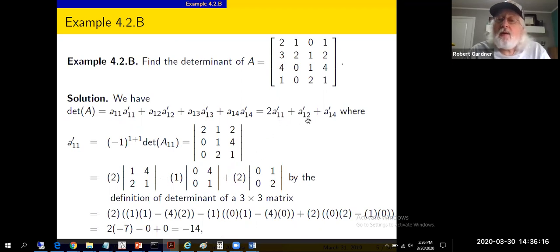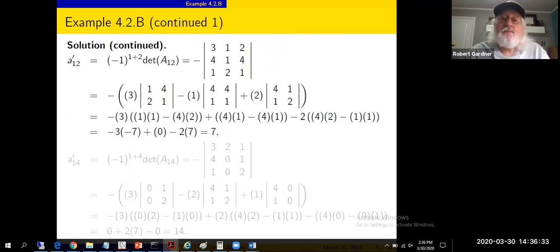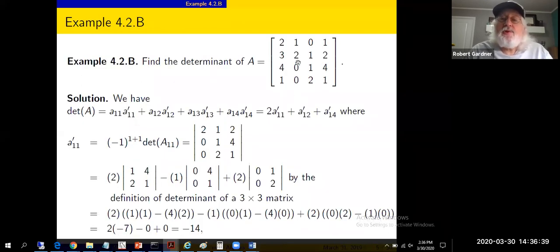Okay, let's do A12 prime. For that, A12 prime is -1 to the 1 plus 2. So it'll switch over to a negative out here. And then we'll take the determinant of the associated minor matrix. Let's glance back at that. A12.